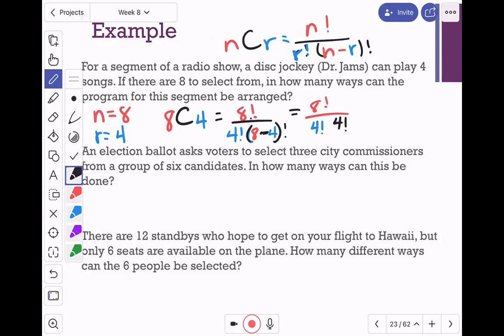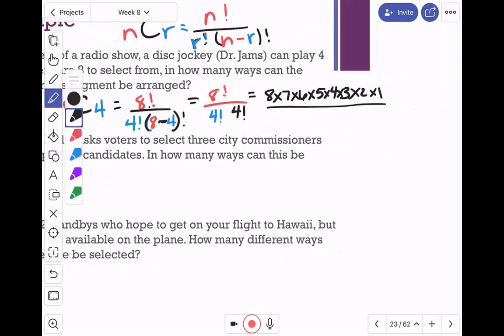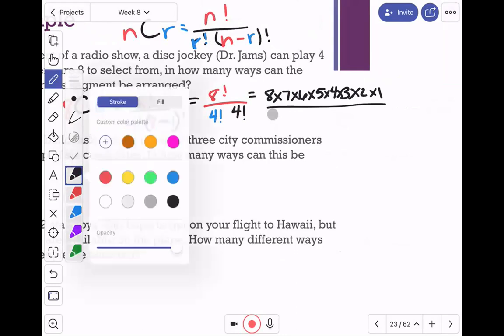What is 8 factorial though? 8 times 7 times 6 times 5 times 4 times 3 times 2 times 1. What is 4 factorial? 4 times 3 times 2 times 1.